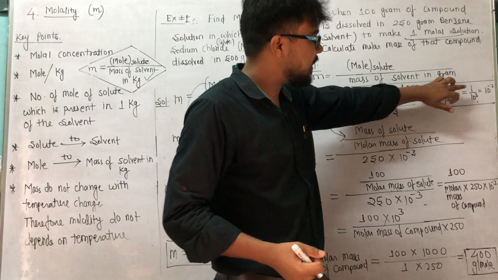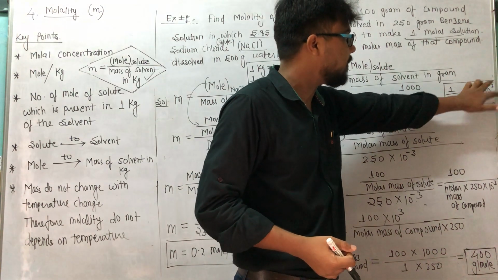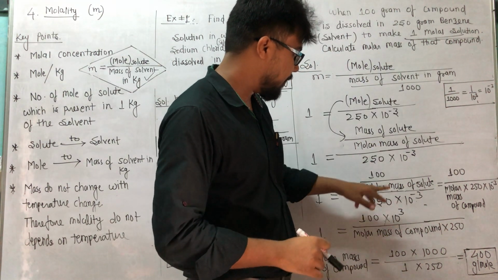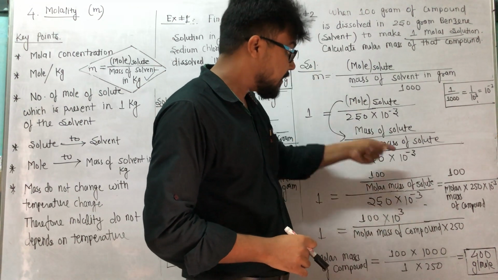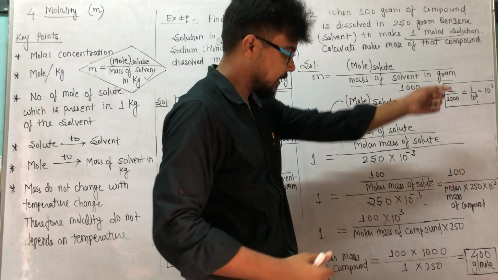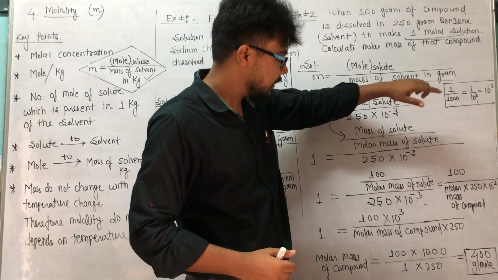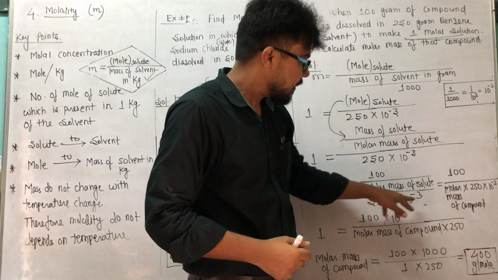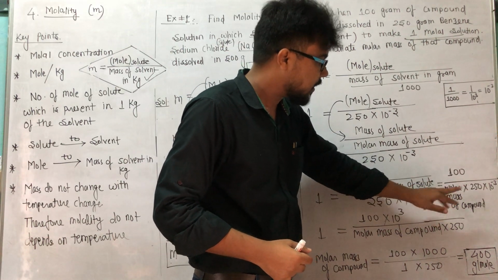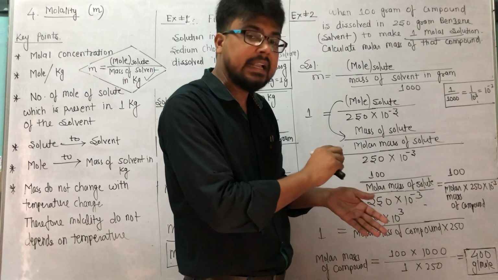1 upon 1000 is nothing but 1 upon 10 to the power 3 equal to 10 to the power minus 3. So that when we use it, here it will be 250 into 10 to the power minus 3. Correct? Now 100 is mass of solute. Next, molar mass of solute or compound, and next is 250, and next multiply by 10 to the power minus 3.